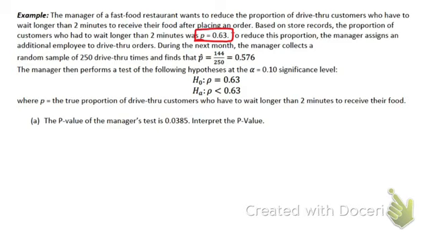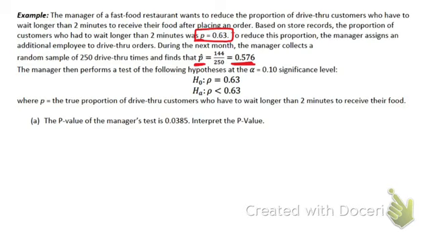To reduce this proportion, the manager assigns an additional employee to the drive-through orders. During the next month, the manager collects a random sample of 250 drive-through times and finds that the new p-hat is 0.576. Ladies and gentlemen, did the proportion of customers that had to wait longer than 2 minutes go down? Yes. Does it look like this person made a difference? Yes. But did they really, or was that sampling variability? Hence why we do the whole rest of the problem.